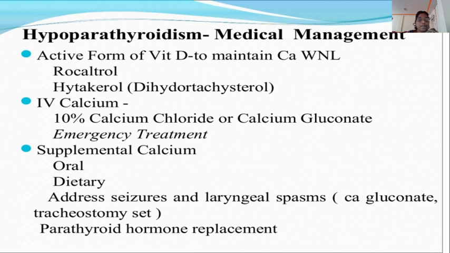Because of laryngeal spasm the patient is unable to get oxygen, secretions collect in the lungs, and the patient is unable to expel them. Because of that, tracheostomy is important when the patient has laryngeal spasms, seizures and tetany.